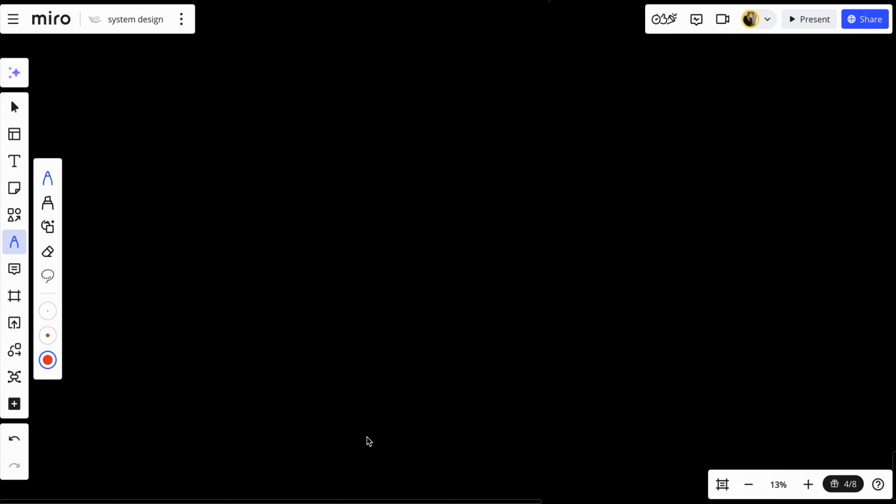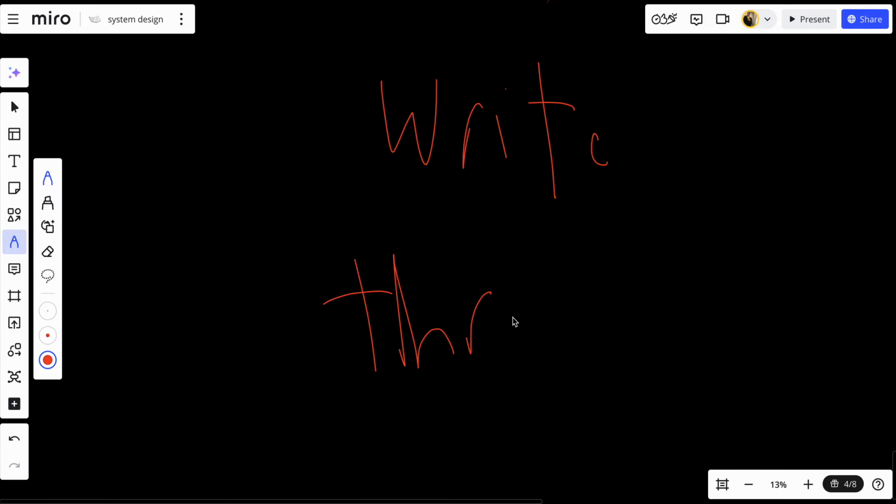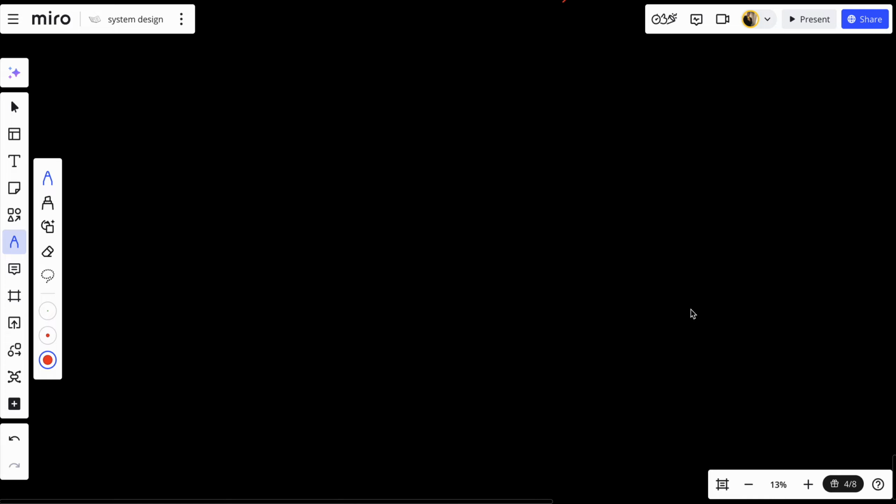If you need guaranteed data consistency, write through cache will be a good fit for that. I don't know if I'm writing right. Yeah, I guess I'm writing right. For write heavy systems where performance is key, write back is a good choice for you.